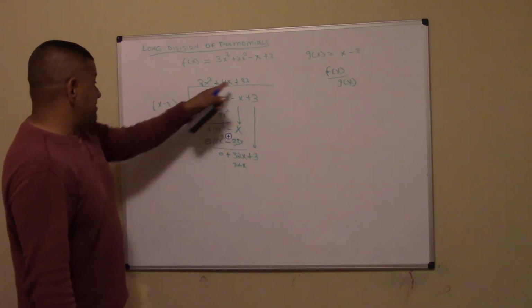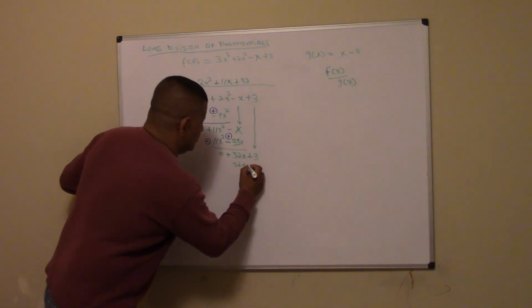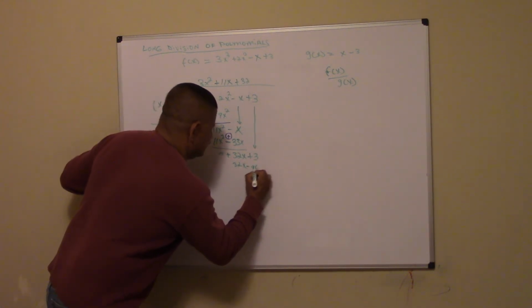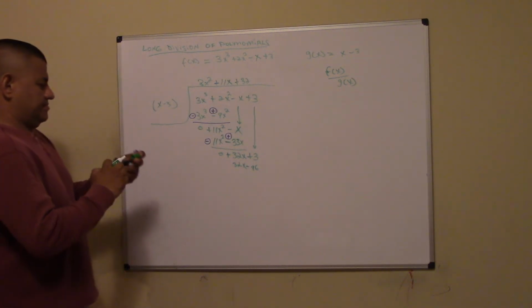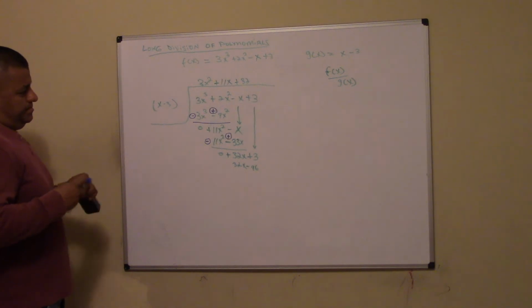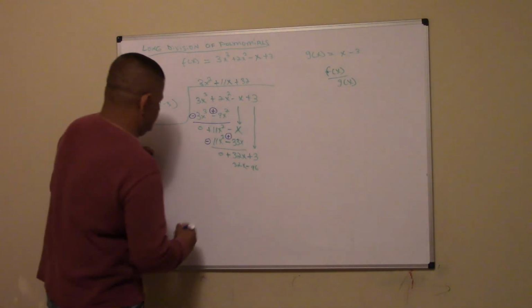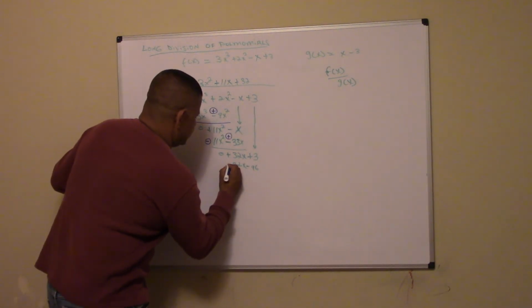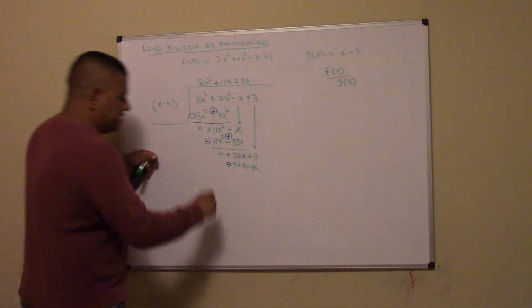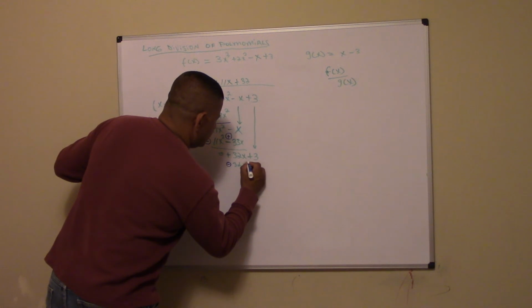Negative 3 times 32 is equal to negative 96. Change the signs again. Positive becomes a negative, negative becomes a positive.